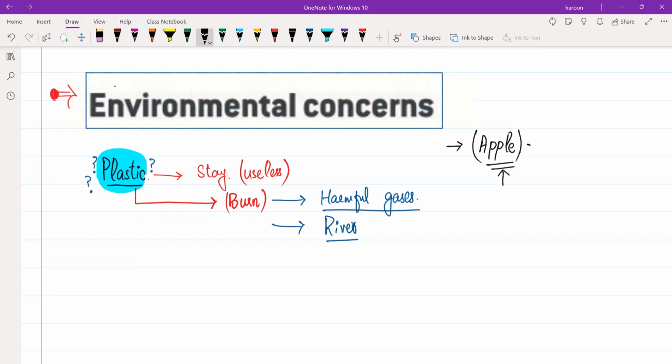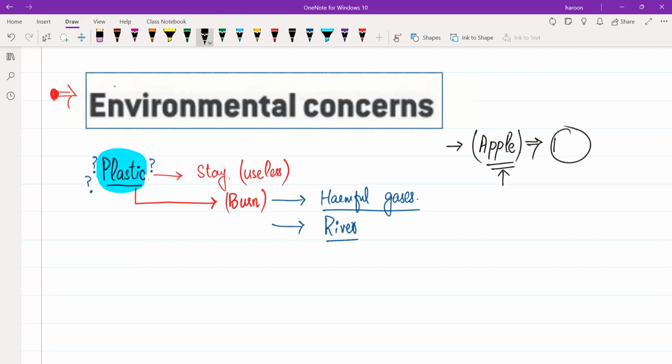All right. So suppose you're eating an apple. You'll definitely remove the peel, right? And you will eat the apple. What will happen to the peel of the apple after one to two days? Yes, dear. It will biodegrade.